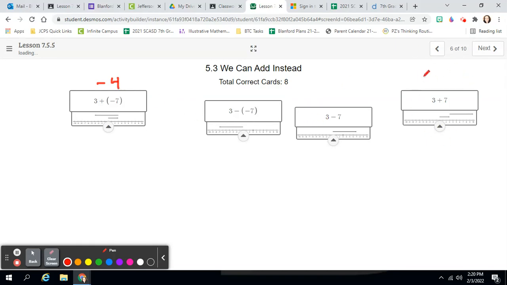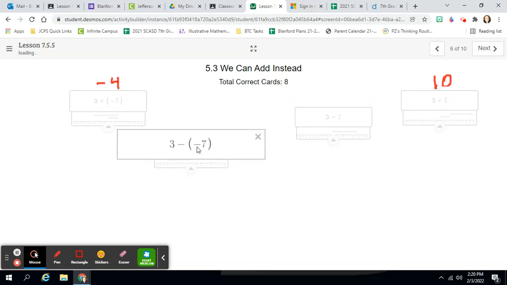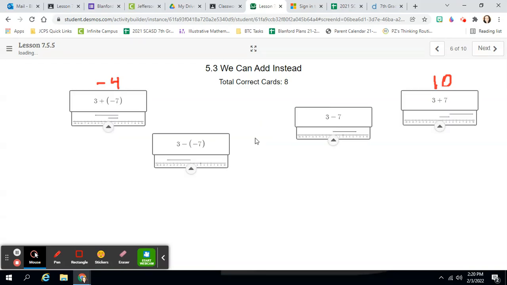And over here for my addition, I know that that's a +10, right? 3 plus 7. So let's think these through and match them up with which ones are actually the same. If I have 3 positives, that's like having 3 puffs of air in my hot air balloon, right? And then I take away 7 negatives or 7 sandbags.